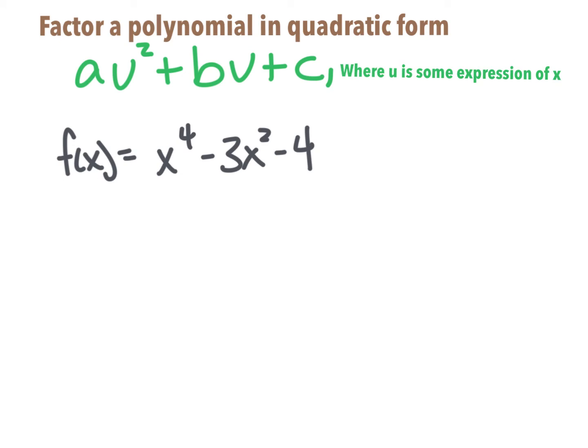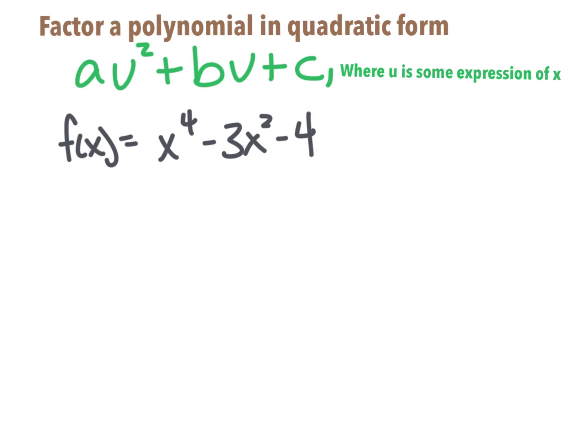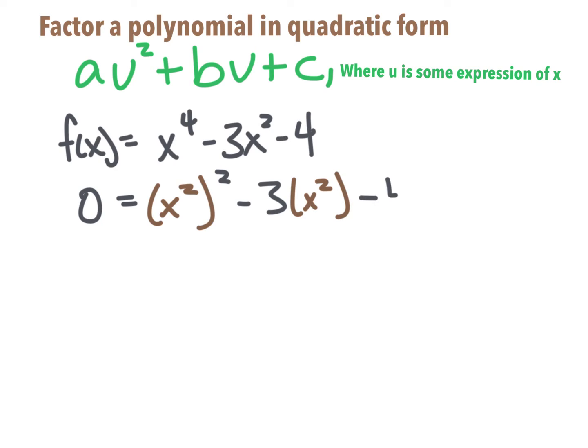All right, now let's step it up a notch. Let's factor a polynomial in quadratic form. Quadratic form is au squared plus bu plus c, and u is just some expression of x. All right, so here we have f of x equals x to the 4th minus 3x squared minus 4. So what I'm trying to do is figure out what I can substitute u in for to make it look like this. Well, we start by setting equal to 0, and hopefully we can see that x to the 4th is just x squared, minus 3 times x squared, minus 4.